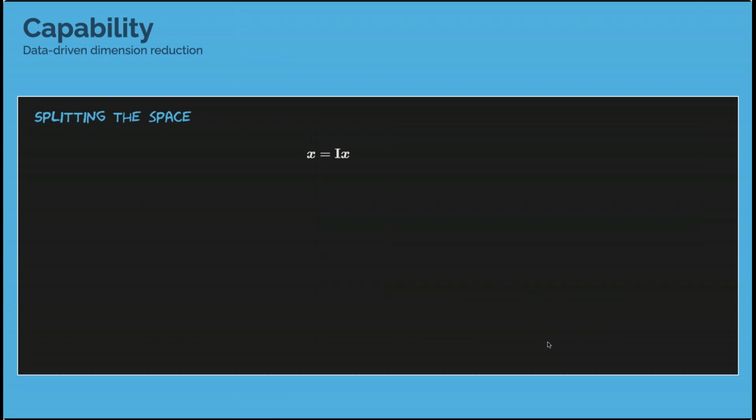Okay, so perhaps it's worth spending a few more seconds on this idea of splitting the space, because that's effectively what we're doing, right? We're identifying a subspace along which efficiency is very dominant. Now, if you just think about that for a second, that implies that there's something else out there where the efficiency is not dominant, right? And we can explore that mathematically as follows. So we write x is equal to the identity times x, which is natural.